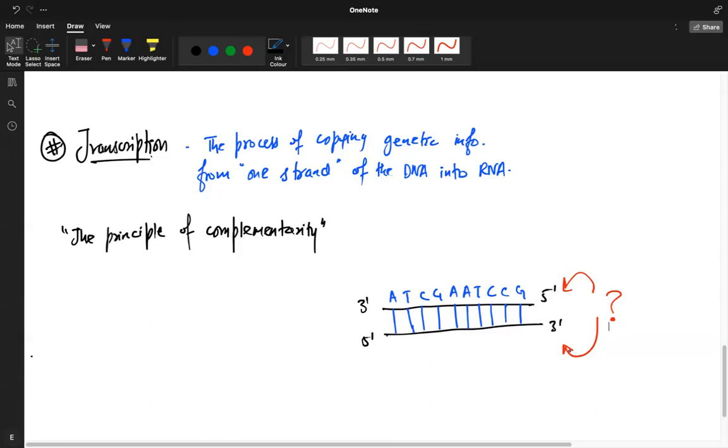But again, just like the DNA could have been formed, you are saying that DNA dependent RNA polymerase, this enzyme, also has a direction, right? You are right. This also has a direction, which is 5' to 3'. So you are saying just because it has a direction.